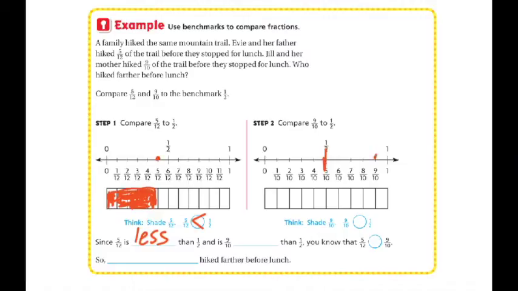So 9/10 is over here, and I can shade in 9 of my tenths. And even from looking at this model, we can tell that 9/10 is definitely larger than 1/2. I'm going to write this, so it's greater than.